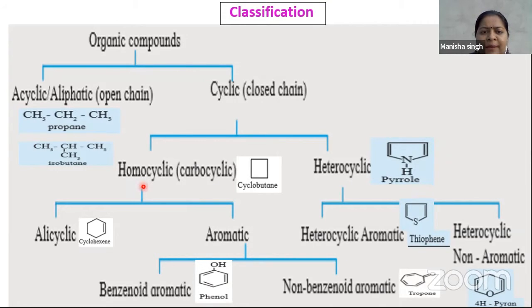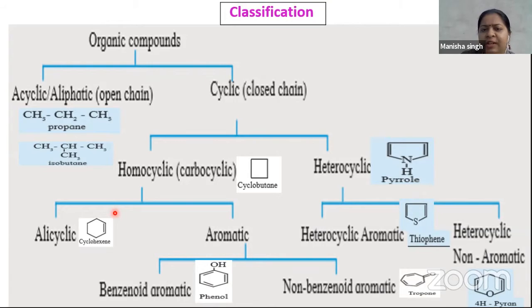The word homo means similar. So similar atoms are there in the cycle, and that atom is nothing but carbon. When all the atoms in the cycle are carbon, they are known as homocyclic or carbocyclic. You can see the name carbocyclic: carbo means carbon. When all the atoms in the ring are carbon, it is carbocyclic or homocyclic.